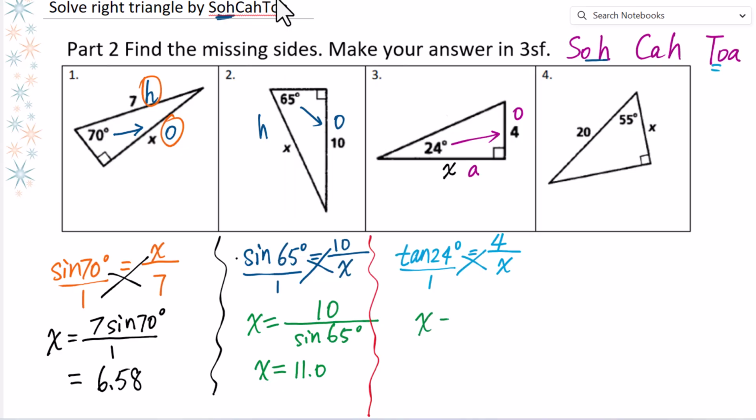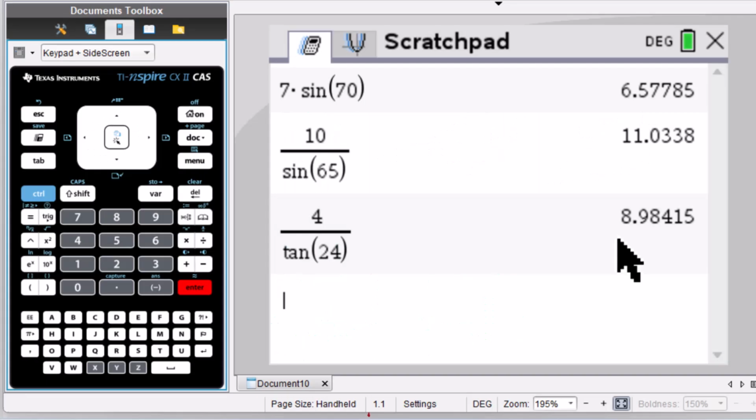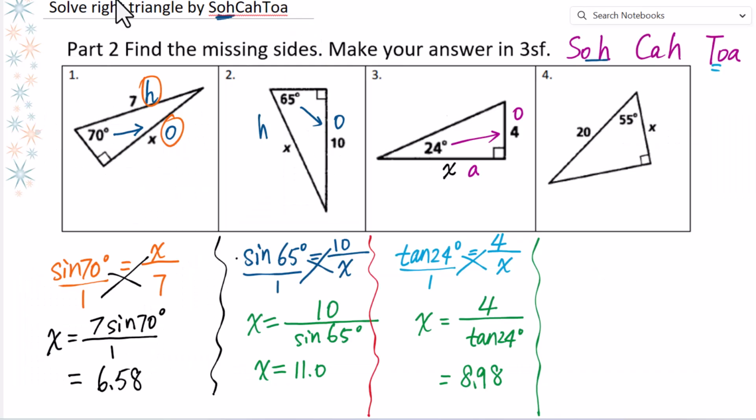X equals, same line goes to the denominator, tangent 24 degrees as the denominator. 1 times 4 goes to the numerator. Let's go to calculator. 8.98 is the solution. Let's go to question 4.